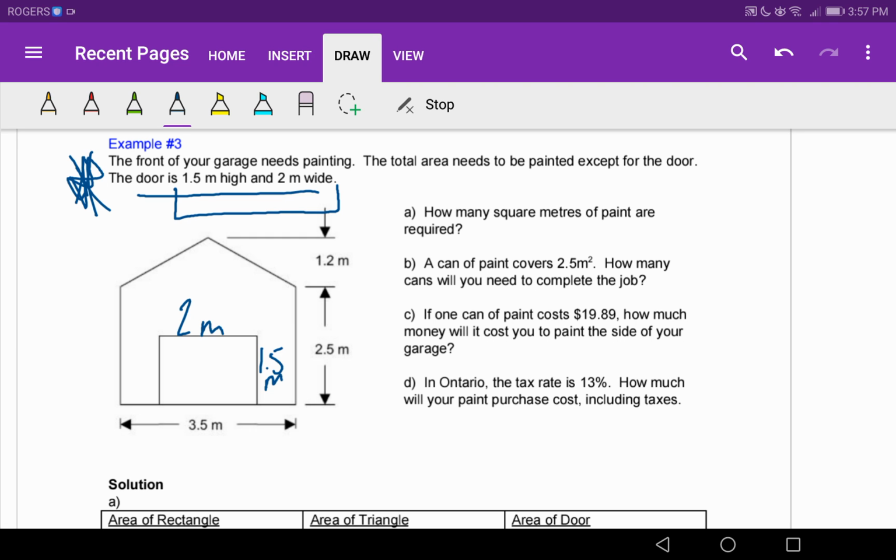So therefore it's area that we need to find. So first question says, how many square meters of paint are required? So essentially what this is saying is, what is the area in square meters?